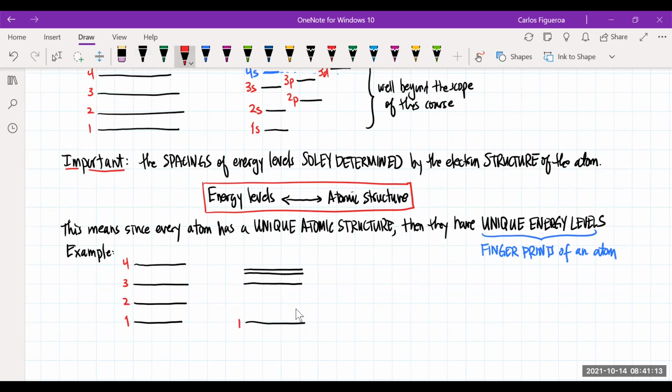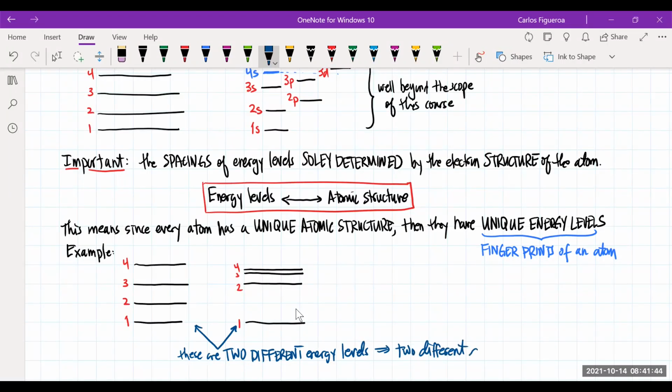So when I look at this structure, you could see that these are two different energy levels, right? So therefore, they're two different atoms.